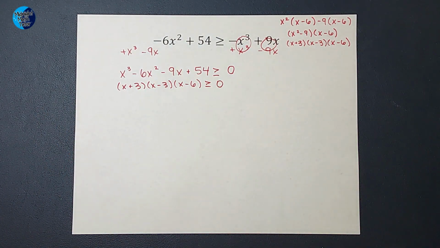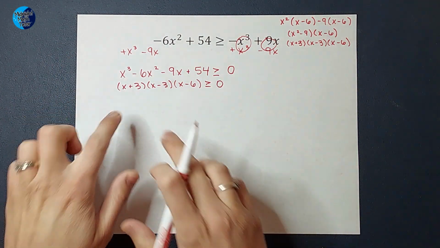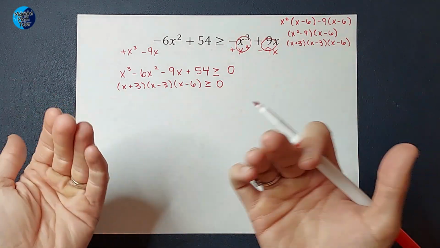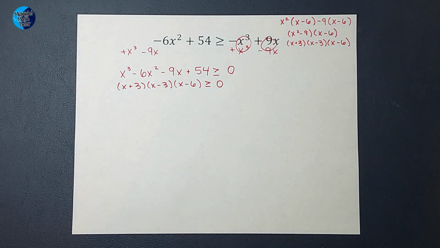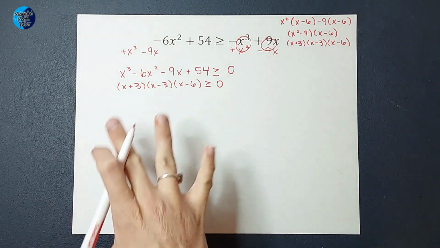The next thing I'm going to do is, if this were an equal sign, again, I know it's not, I would set each of these equal to 0 to get my answers. But you're like, it's an inequality. I know. But for a second, we're going to pretend it's an equal sign to find where this side of the equation will be 0.